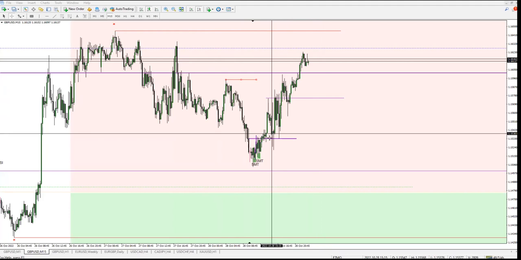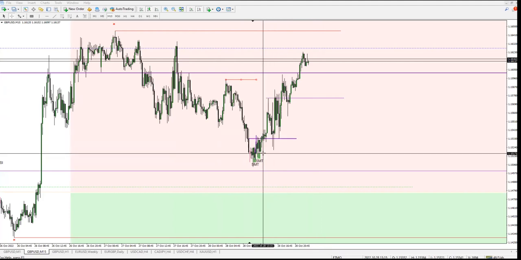If you normally take an 8 pip or 5 pip stop loss, don't be afraid of taking a 10 or 15 pip stop loss. Just put some skin in the game.